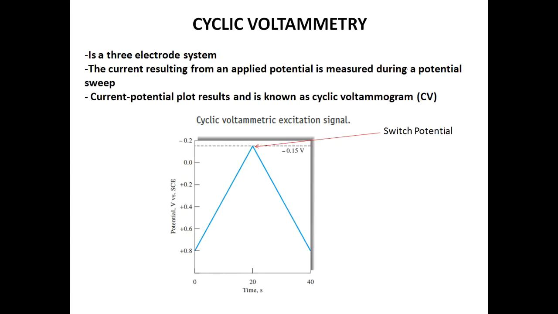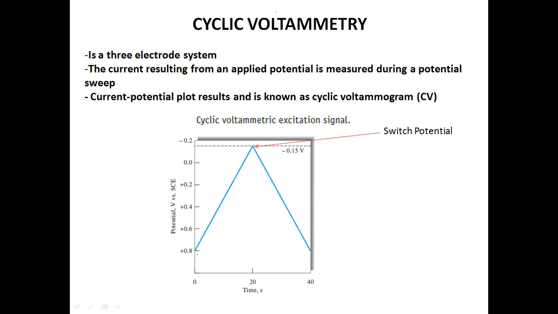In cyclic voltammetry, a 3-electrode system is used. The current resulting from an applied potential is measured during a potential sweep. The triangular wave is called a potential sweep. In this figure, the potential starts from plus 0.8 volt and is changed until around minus 0.15, and then brought back to plus 0.8.